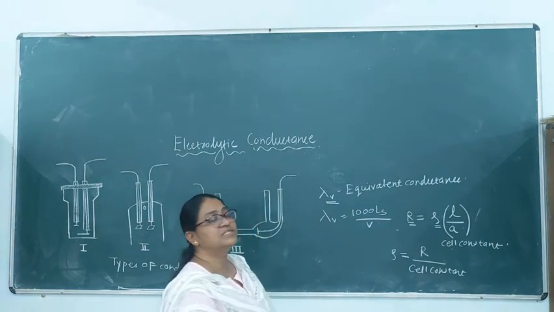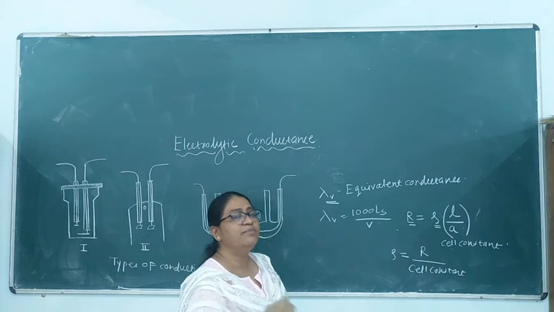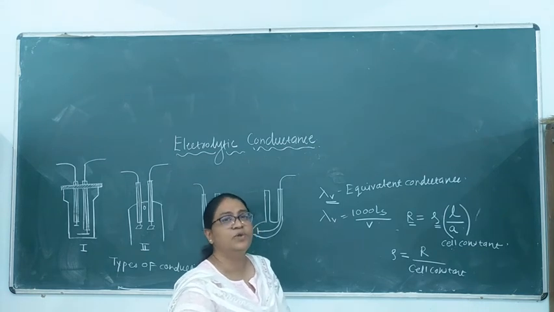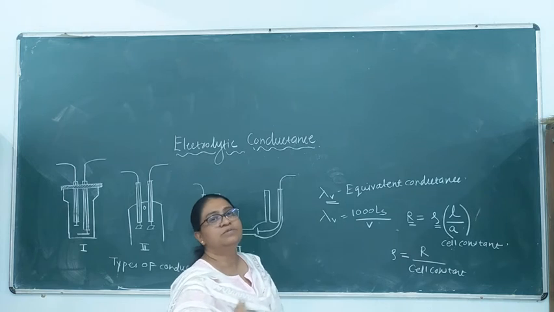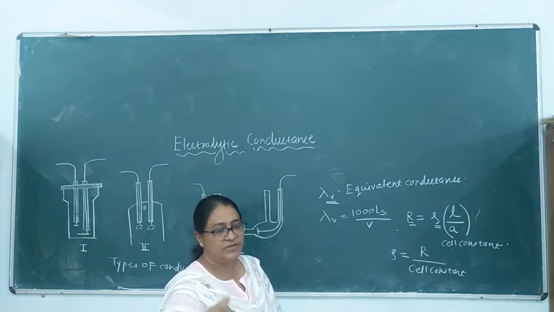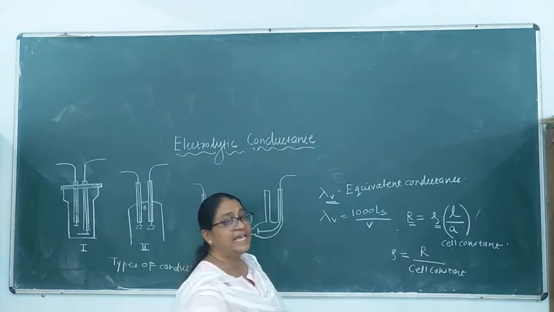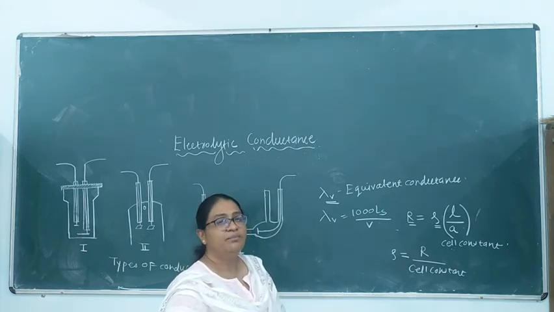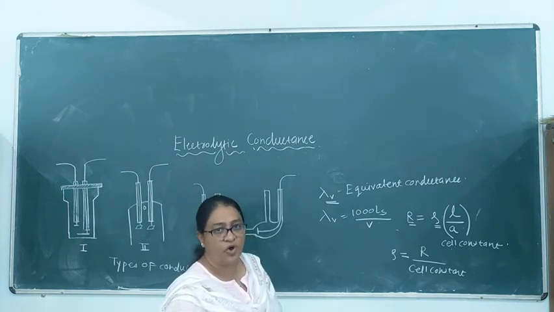But this cell constant cannot be calculated directly, in the sense of directly measuring the distance between the two electrodes or the area of cross section, because the electrode is made up of a platinum foil which is plated with platinum black. So direct measurement of L and A is not possible, because the electrode may break during this measurement, or the platinum black may flake off.